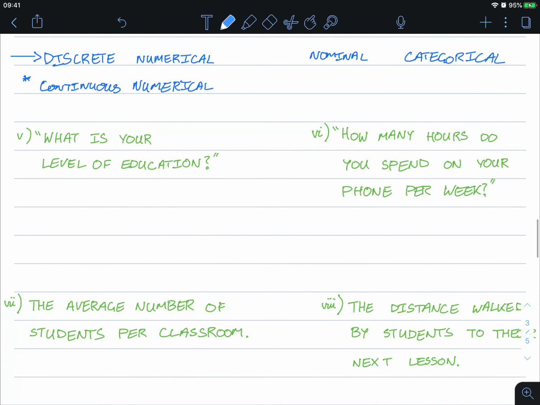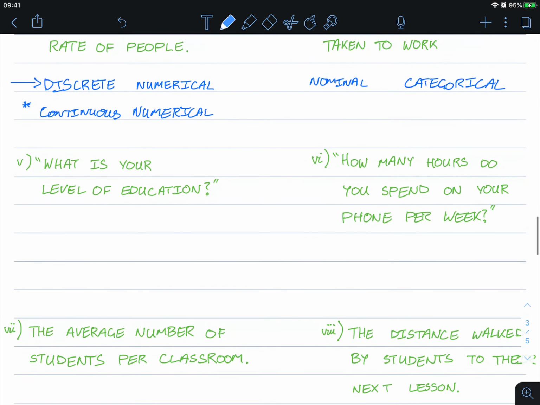What is your level of education? Well, like before, the answers to this sort of question are not numbers, so it must be categorical. Now, we can definitely get some sort of order of education, because the order in which we get educated is primary school, high school, college or university, and possibly even further studies.